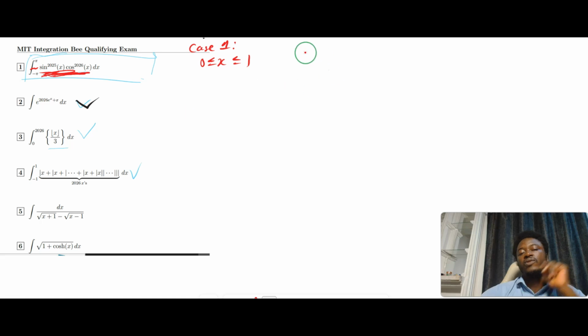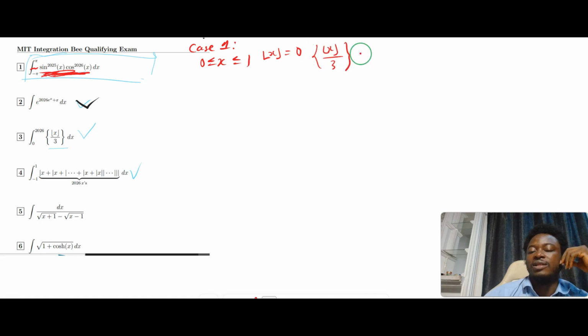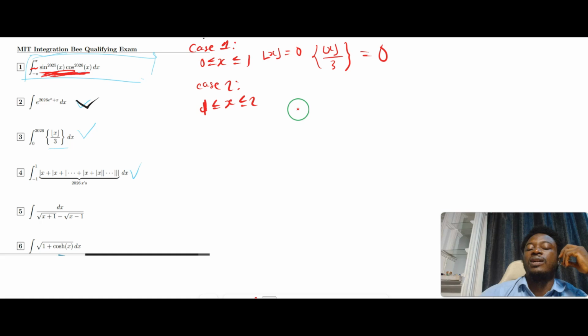If that is the case, then we know for sure that the floor of x is going to be 0, right? Then the fractional part of the floor of x divided by 3 is going to be equal to 0. Now, what happens in case 2, when 1 is less than or equal to x, less than 2? Well, in this case, the floor of x would be 1.